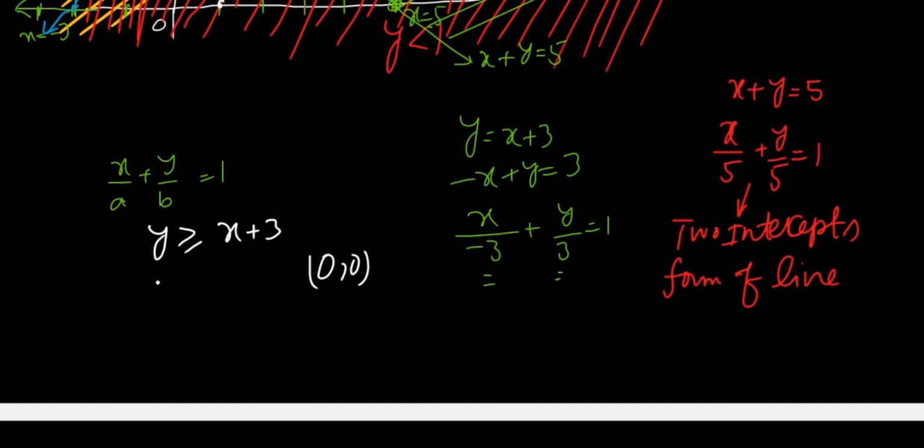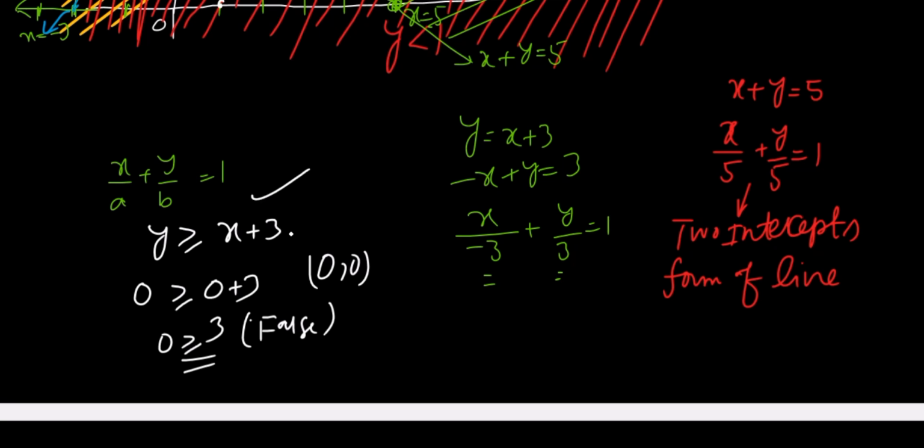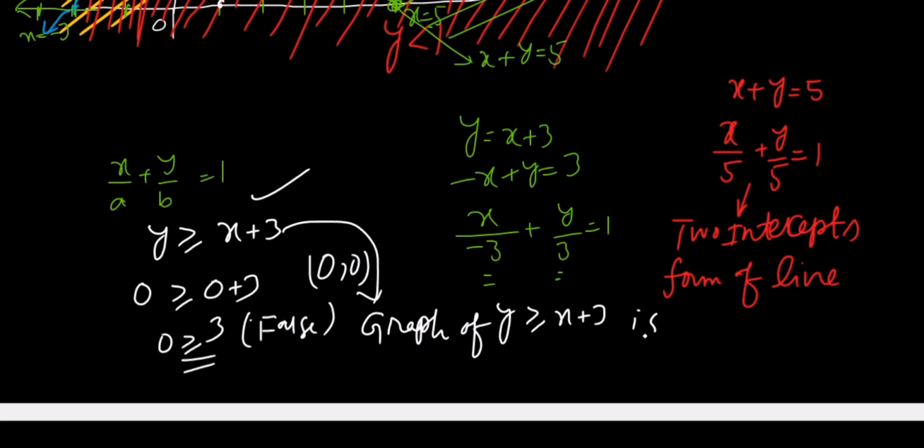If we put y is equal to 0 and x is equal to 0, we get 0 greater than or equal to 0 plus 3. Is this inequality true? No, this is false. This shows that the graph of this inequality will not be towards the origin. So the graph of y greater than or equal to x plus 3 is away from the origin.